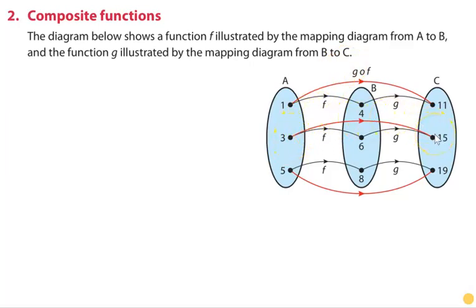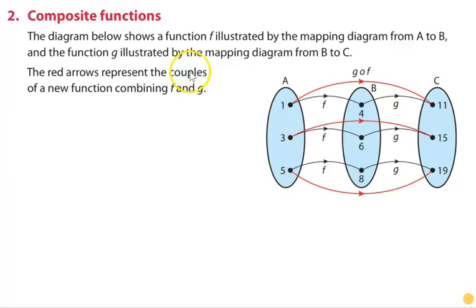So this would be g after f. And then the 5 could have jumped straight to 19. And this again would have been g after f. So g is the second function. So g after f, so the function f was subbed into the function g, and then we got our outputs.